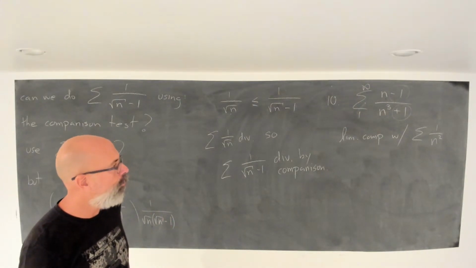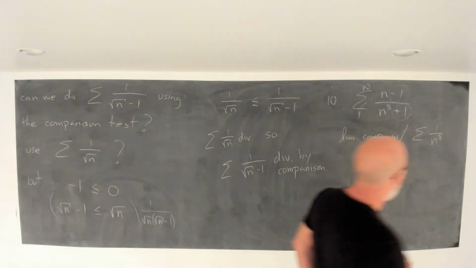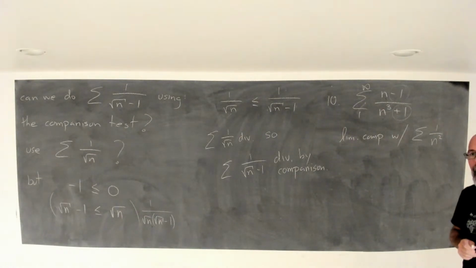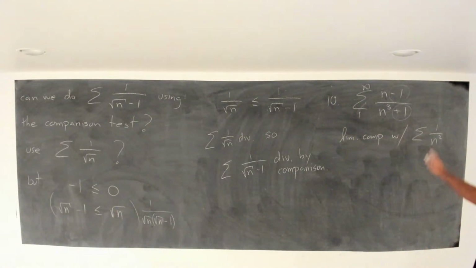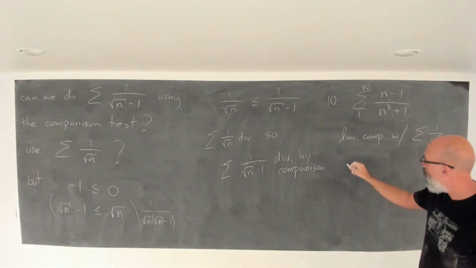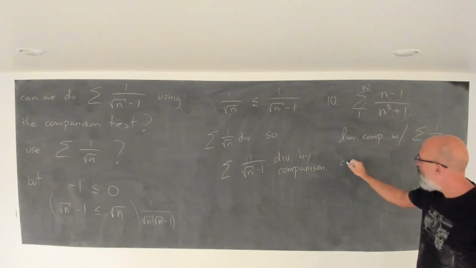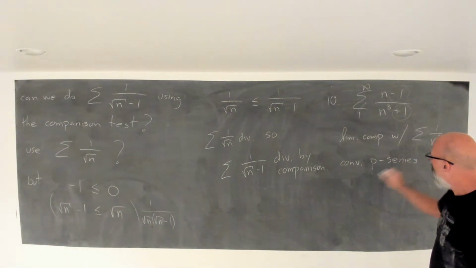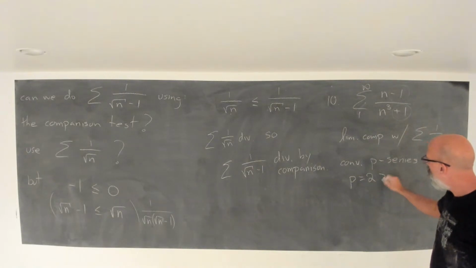We're not going to assume anything and use shortcuts. You're going to prove everything. So we're going to do a limit comparison with the series 1 over n squared. And what do we know about the series 1 over n squared? This is a convergent p series where p is equal to 2, bigger than 1.